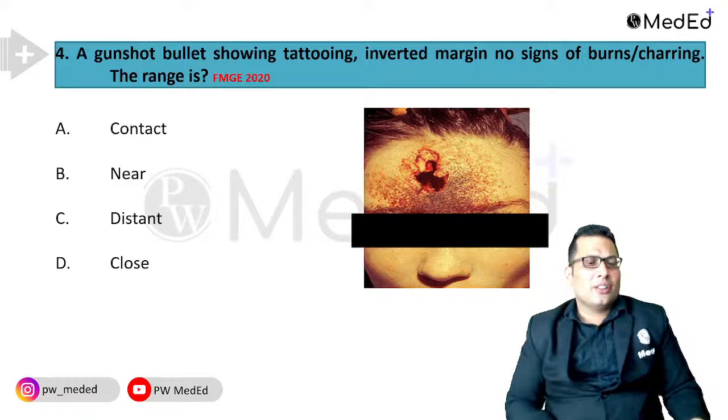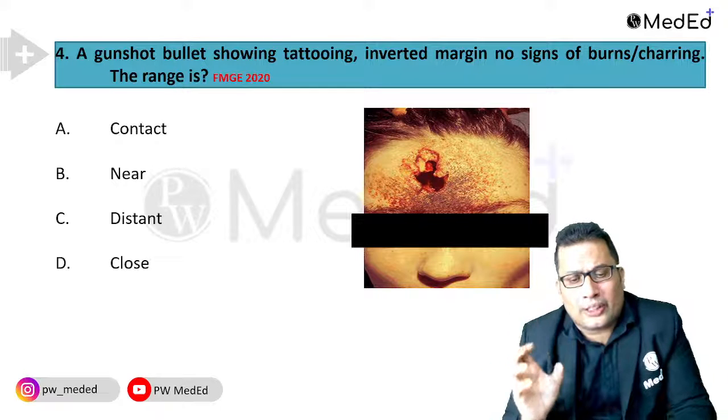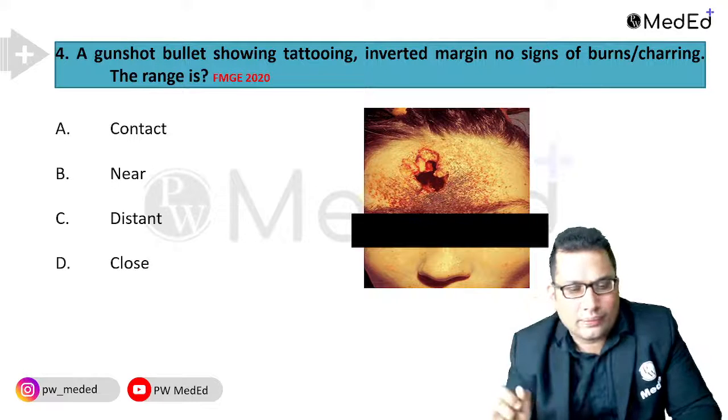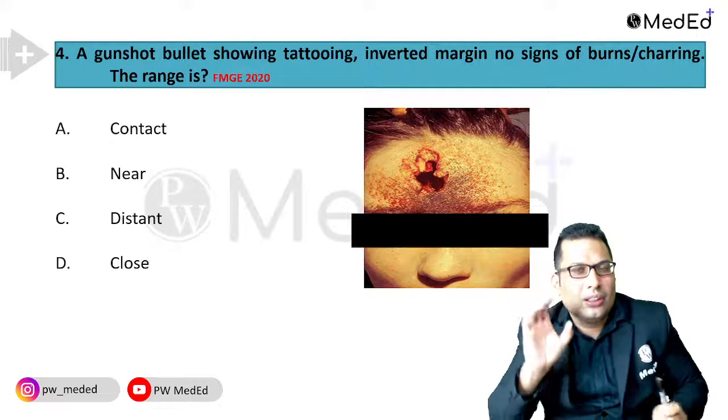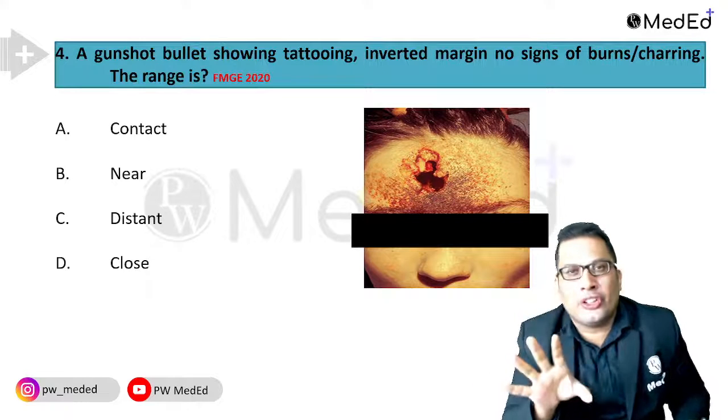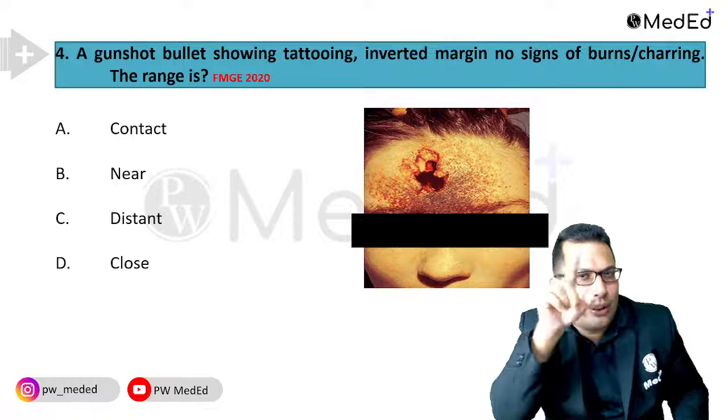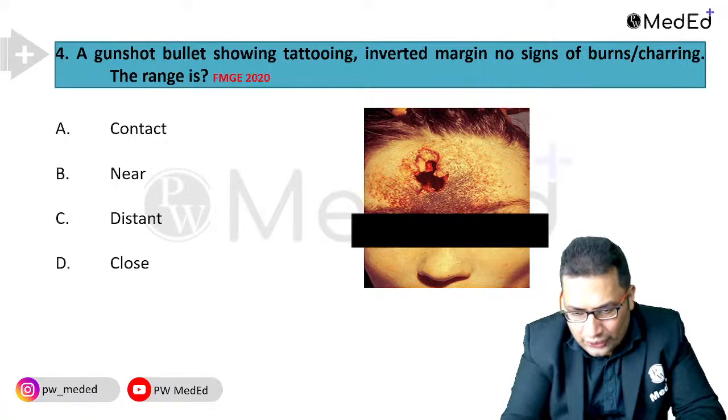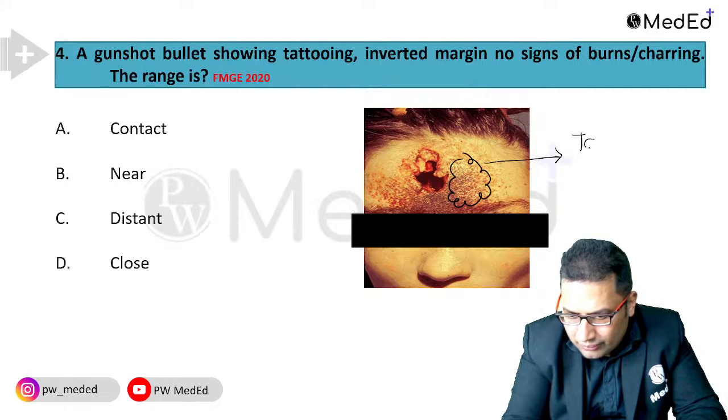The question is, a gunshot wound showing tattooing. Tattooing means superficial wounds around the main entry wound.